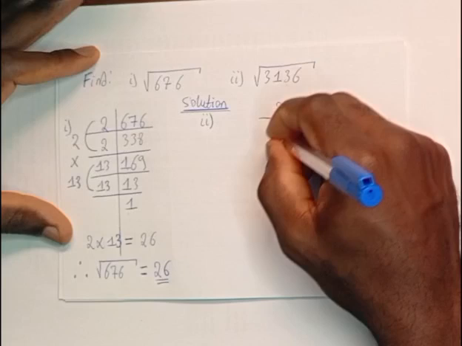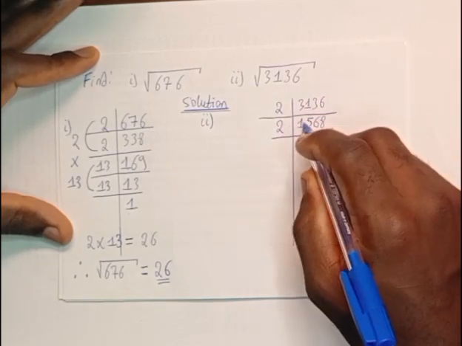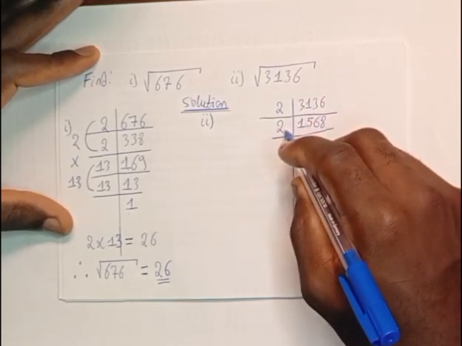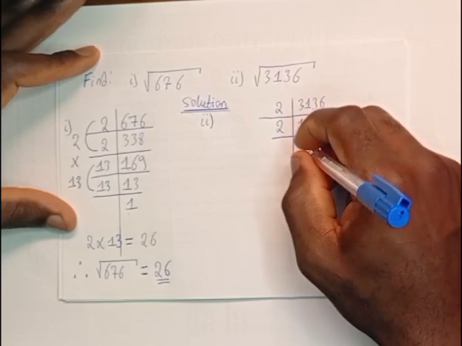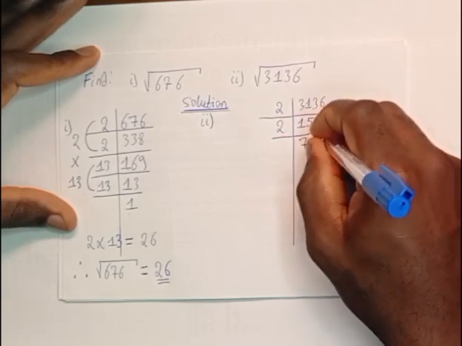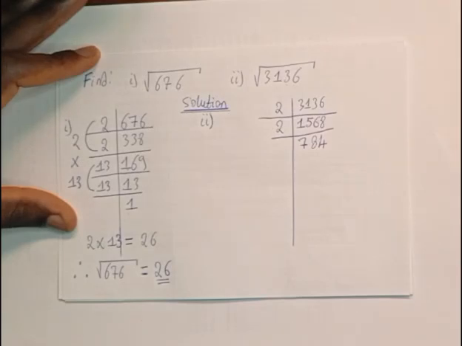We bring down 2, we divide 1568 by 2, it gives us 784, which is an even number.